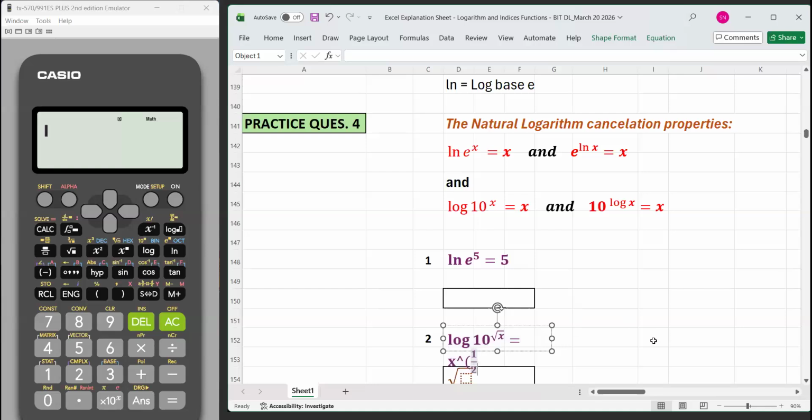Okay, so it's just square root of x. I'm trying to write this the way we will see this in indices form. Square root of x is x raised to the power half, or just put square root of x here. That should be your answer.